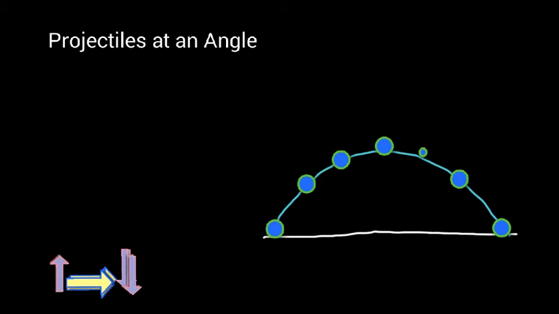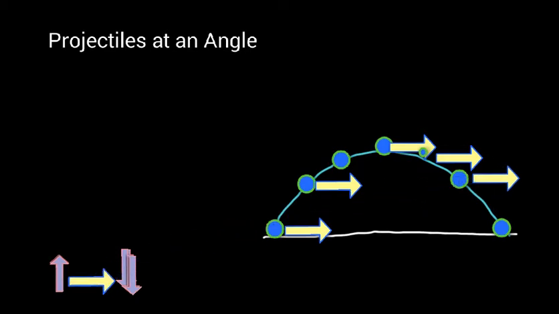So we're going to put this x vector, this vector that shows the velocity in the x direction. You're going to notice that it's the same arrow I'm using throughout the entire image, because in the x direction, I missed one, this object is traveling at the same velocity the entire time in the x direction. That never changes.